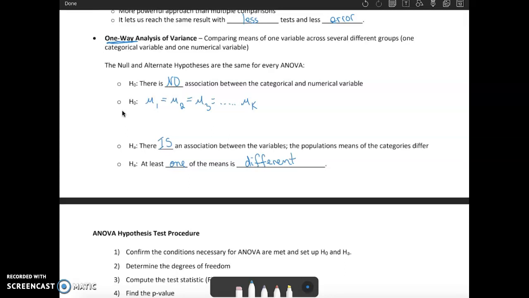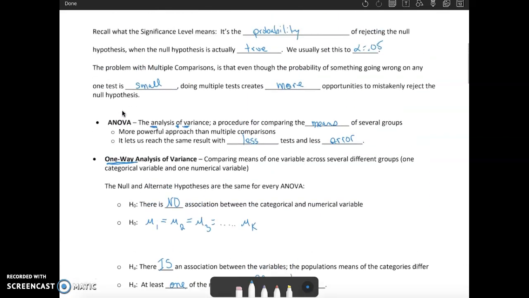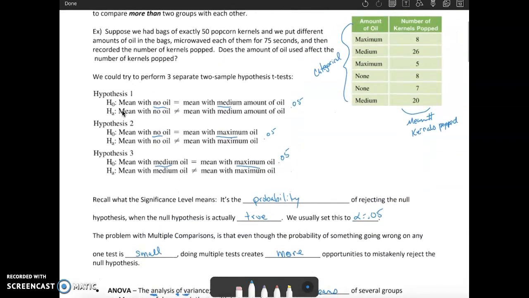If the means of all the different categories are the same, then the category didn't matter, right? If all of the means of these maximum, minimum, and none levels have the same average kernels popped, then it doesn't seem as though the amount of oil affects or is associated with the amount of kernels popped.